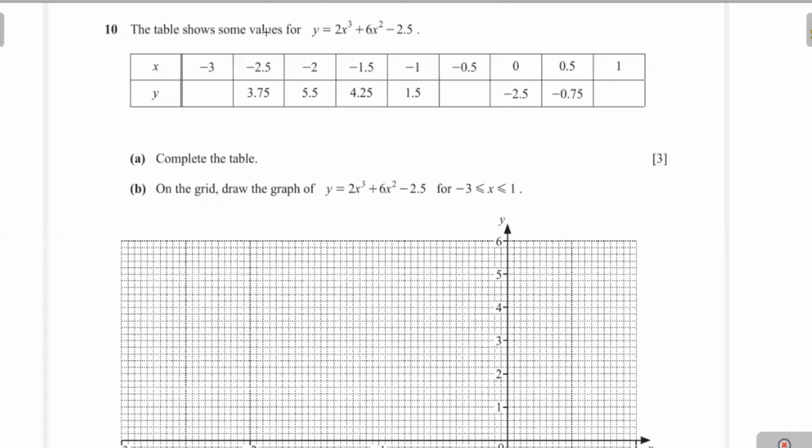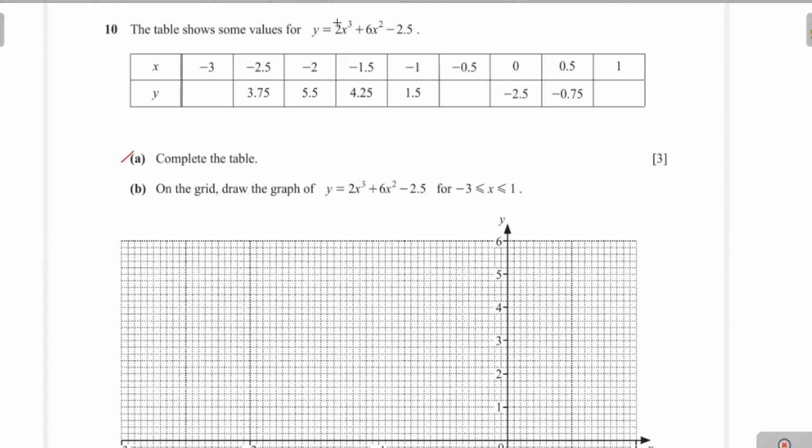Question number 10. The table shows the values for y equal to 2x cubed plus 6x squared minus 2.5. Part A, complete the table. You see here the value of x is minus 3, and the value of y is not given here. We will find the value of y.